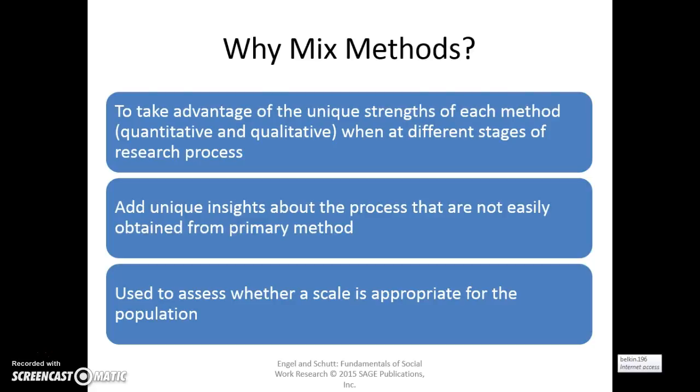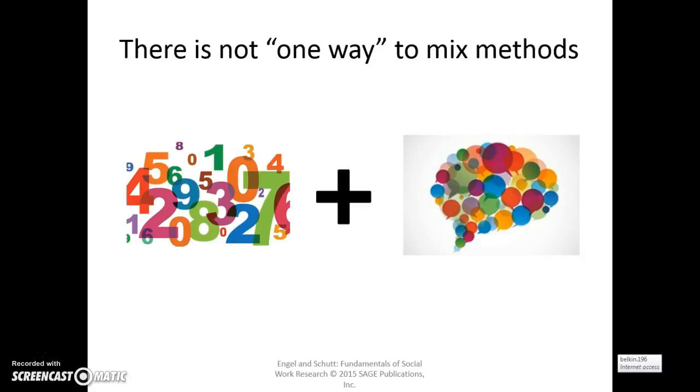So you're using the strengths of both. You're also looking at advantages that you might not get from just one or the other. And more often than not in social science research, what you're looking at is whether something is appropriate for the population. So again, you want the same research question, but you want to use the strengths of both to determine that. And there's not one single way to mix them.